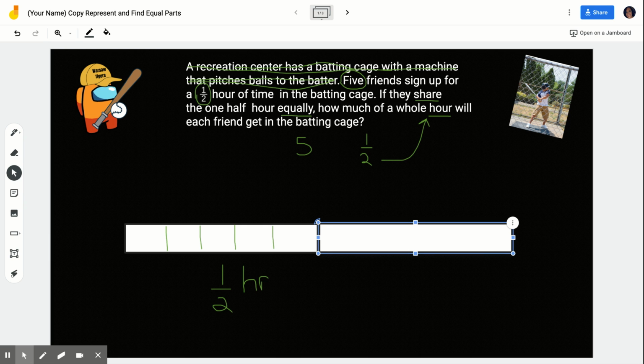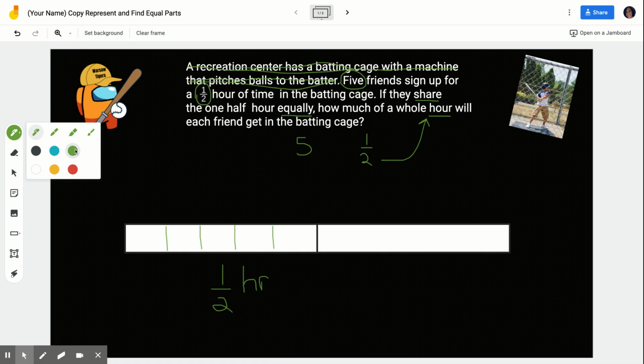So this part is going to represent my other 1/2 hour. So that means if this 1/2 hour was split between 5 people, we had 5 equal parts. So the other half has to be, for it to be equal parts, we need to represent this as 5 equal parts as well. So we have friend 1, friend 2, friend 3, friend 4, and friend 5.